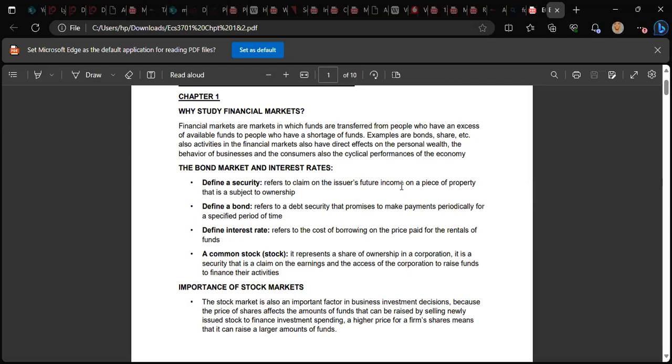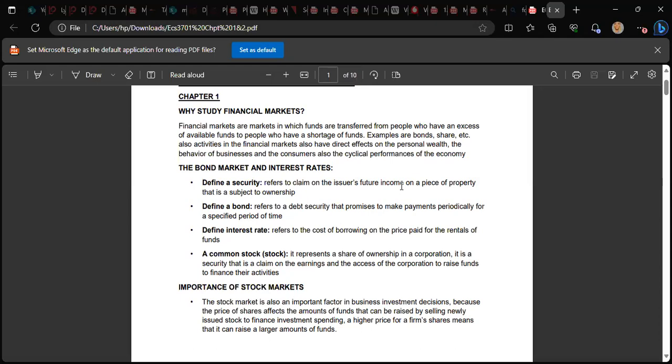So, for instance, if you're buying government bonds, the government is issuing new bonds. At the end of the day, the government needs to pay you interest on that bond. And then at the end of that term, they need to pay you back the initial amount, as per the agreement, which is the capital amount.